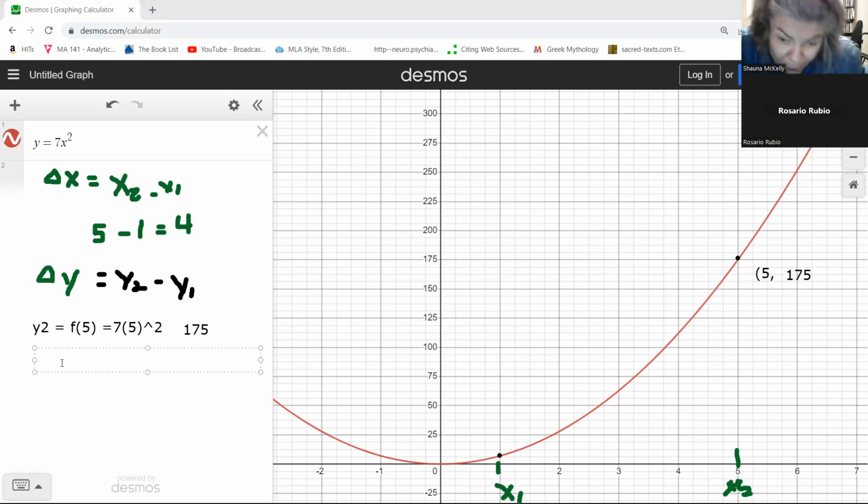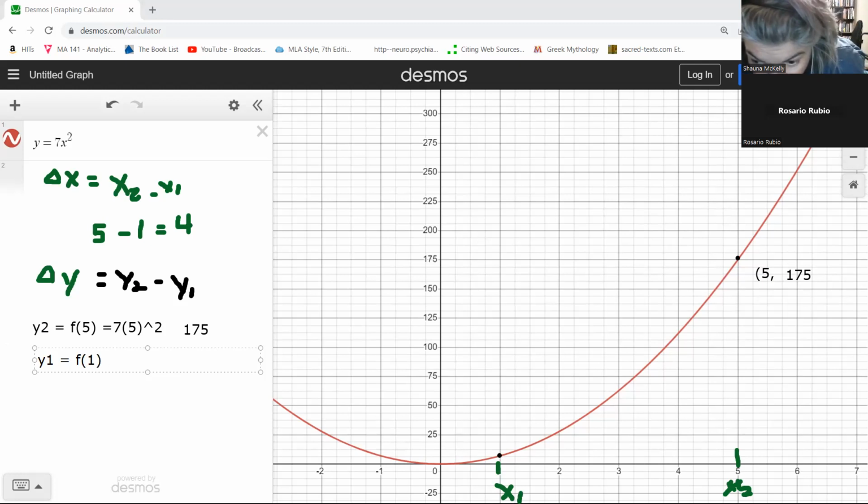So now y1 just means, remember x1 over here? What we're trying to do is find that corresponding y, right? So where is that? Well, that's 7. How do I know that? Because this is f of 1, okay?